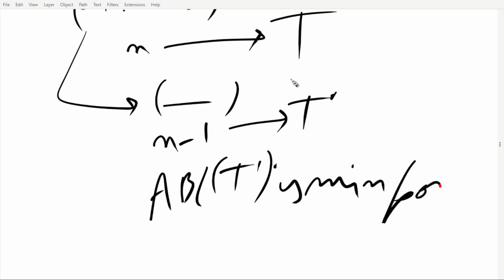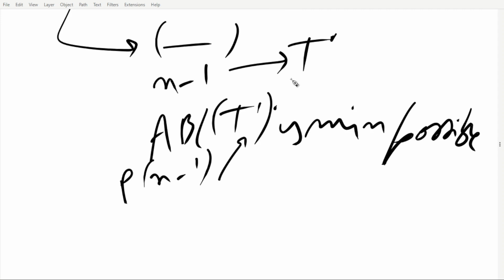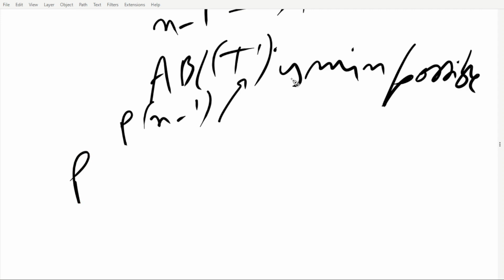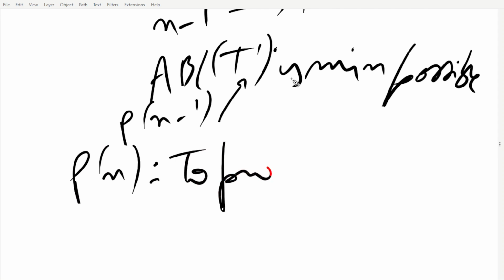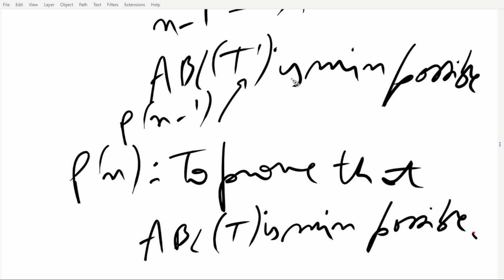This is our induction hypothesis Pn minus 1. Now for proving Pn, we have to prove that average bit length of t is minimum possible. This we have to prove.